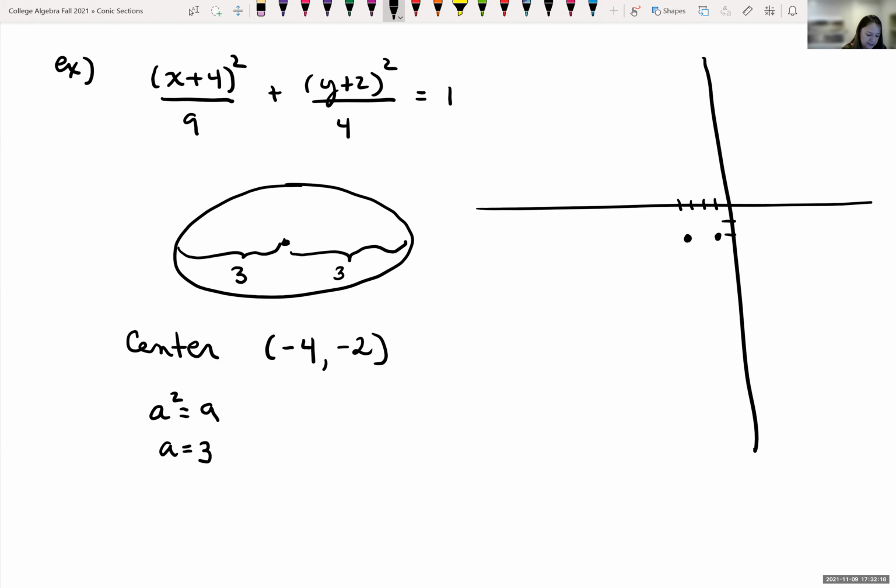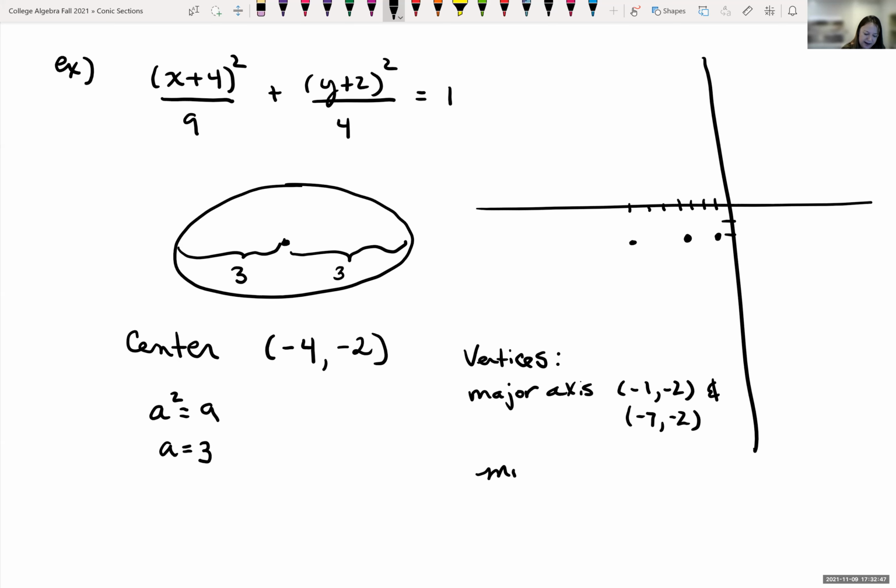So vertices, for our major axis, we have that point -1, -2. And if we go to the left 3 from -4, that's going to hit me at an x value of -7. So -7, -2.